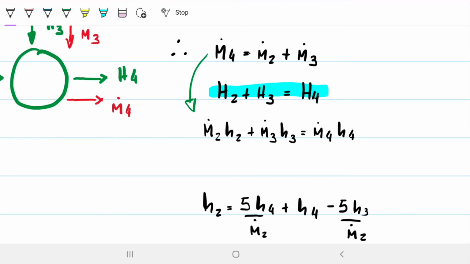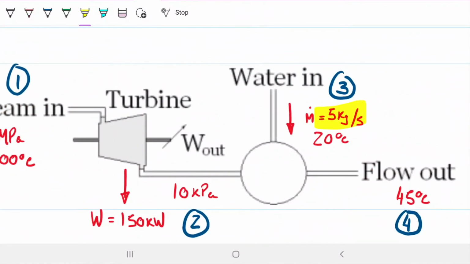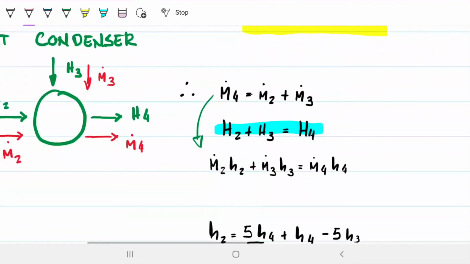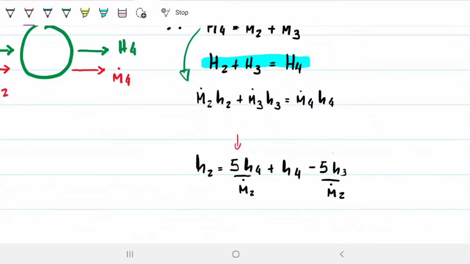Okay, where does this number come from? Well, it's 5 kilograms per second coming through, so this is my mass flow rate 3, right? We knew that from the start. So where I had mass flow rate 3, I've subbed in 5, remembering that I subbed in mass flow rate 4 by mass flow rate 2 plus 5.